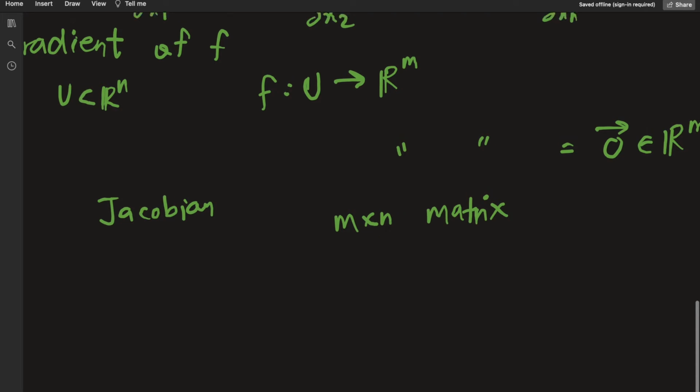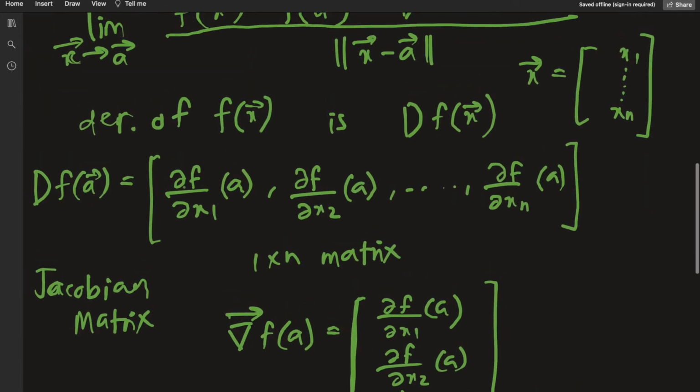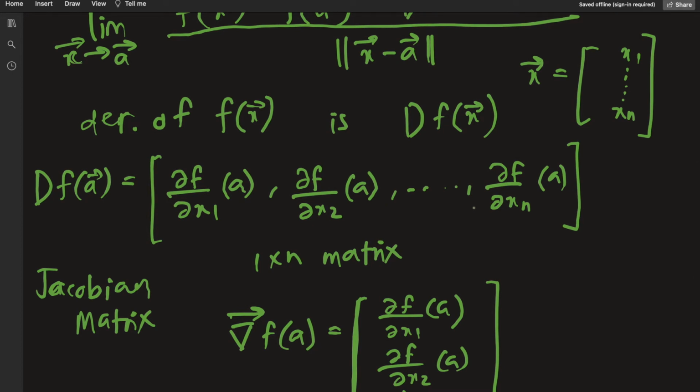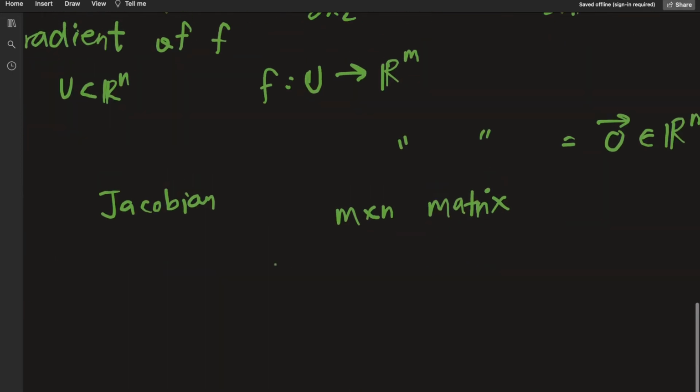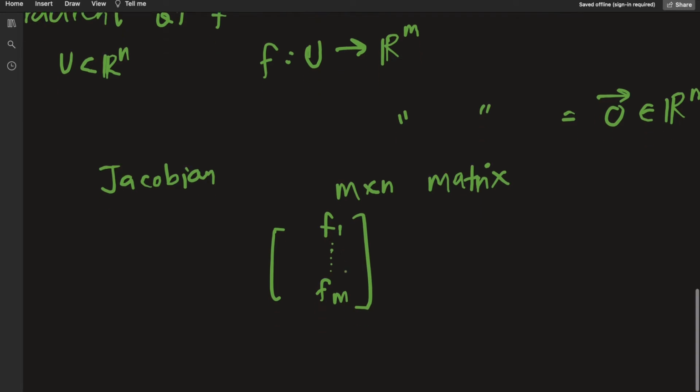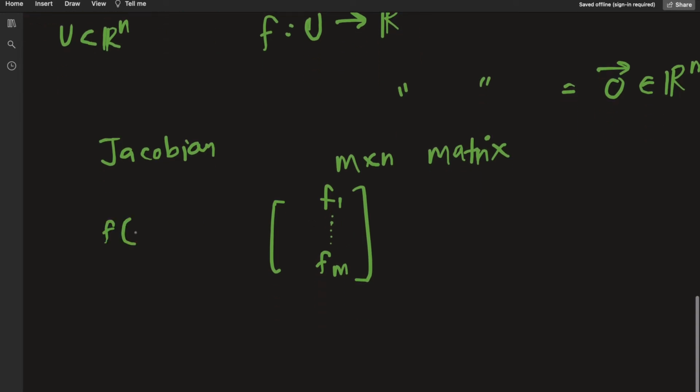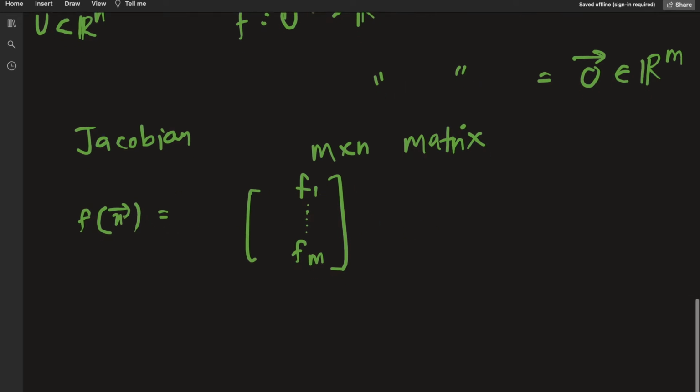So if you try to visualize how this is going to work, we have, say, f1 to fm, which is what you get as your output. Each of these components is a function of the x vector.